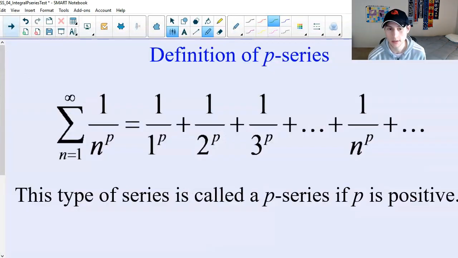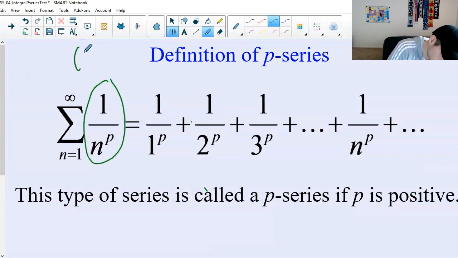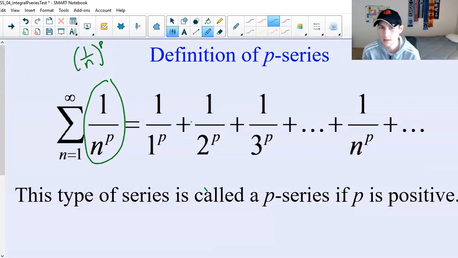Definition of a p-series. So a p-series looks like this, where it is just 1 over n to the power of p. An alternate way that this could be written is like this, because again, 1 to the power of anything would still remain 1.